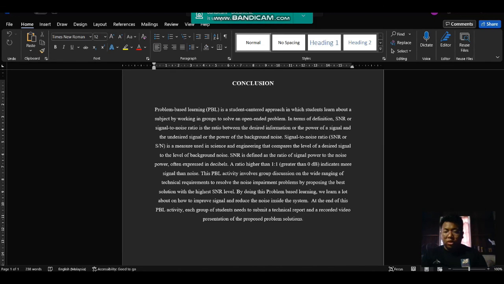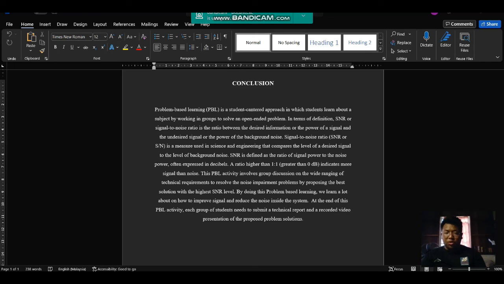Next, we go to the conclusion. For the conclusion, problem-based learning (PBL) is a student-centered approach in which students learn about the subject by working in groups to solve an open-ended problem. In terms of definition, SNR or signal-to-noise ratio is the ratio between the desired information or the power of a signal and the undesired signal or the power of background noise.